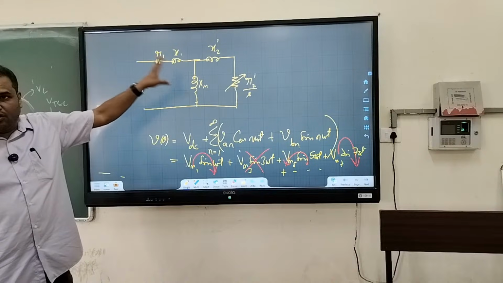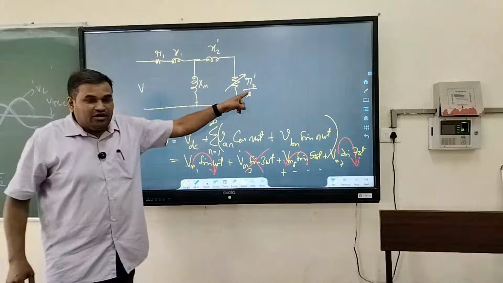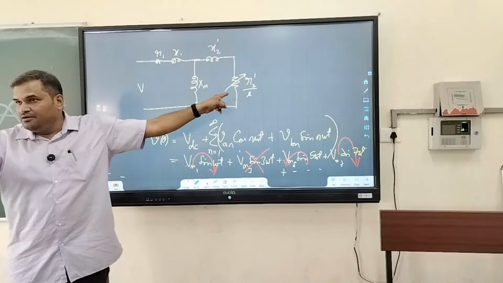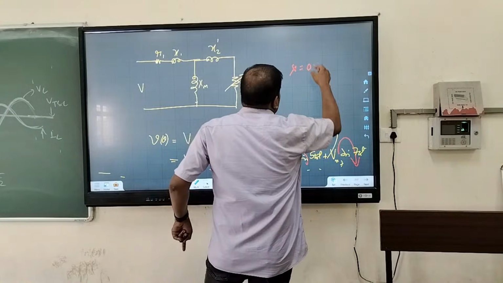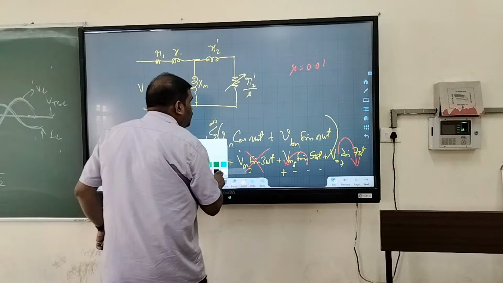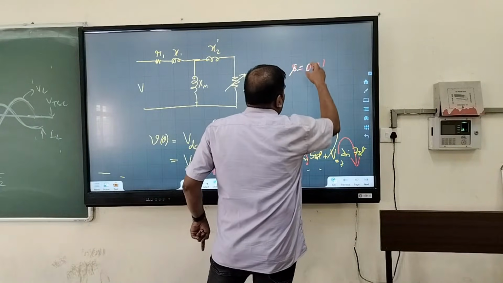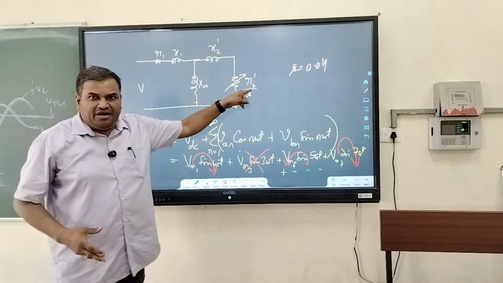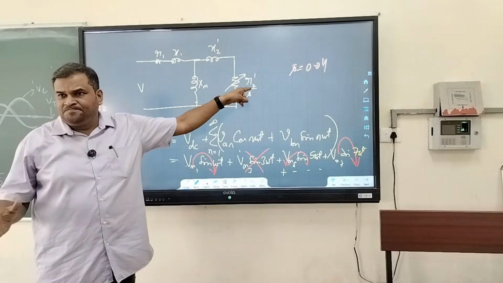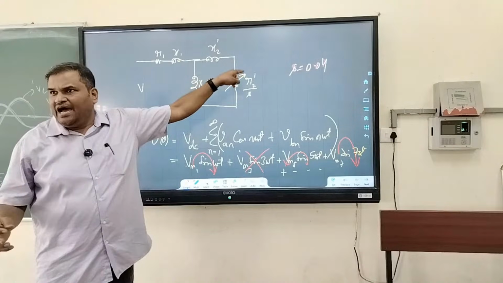Look carefully at this equivalent circuit. The value of S here, how much is it? Usually the value of S is 0.01 or 0.04. The value of S is equal to 0.04. If I divide by 0.04, this value is very high.